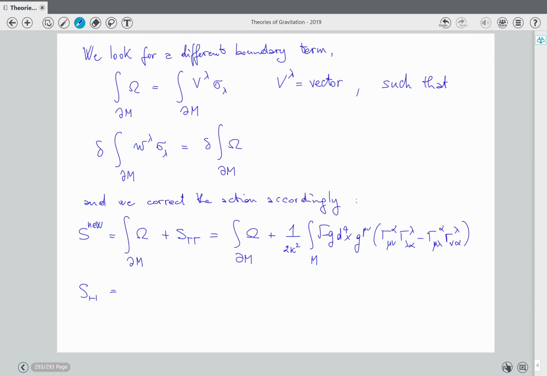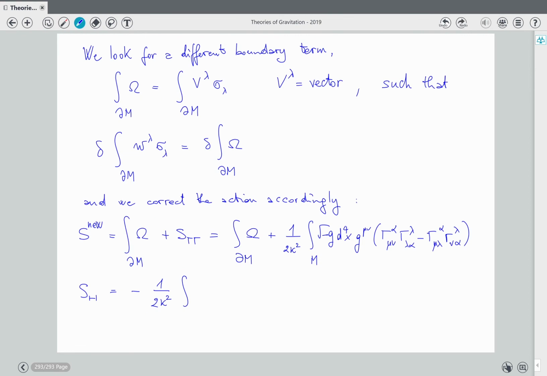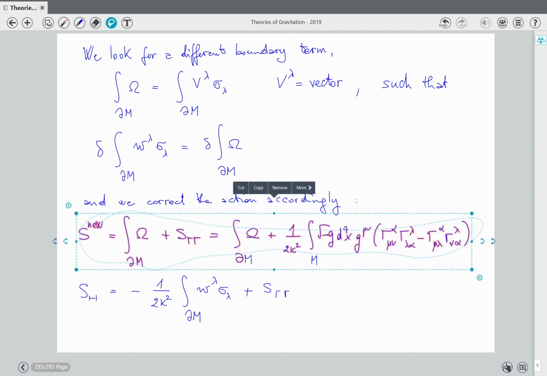Anyway, minus 1 over 2k squared, integral on the boundary of w lambda sigma lambda plus S gamma gamma. So this is something we can cancel.